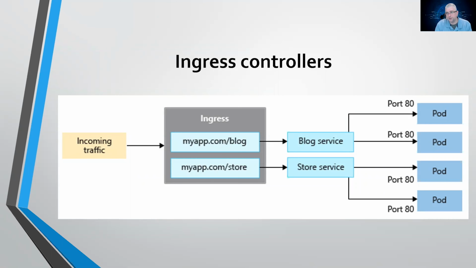Ingress controllers. So incoming traffic, ingress. You'll have ingress controllers that go in place, and that's where you have to map things. Your load balancers only work at layer 4. The service doesn't actually know what's going on. All it knows is this came in. Now, ingress controllers work at layer 7, and they can use more intelligent rules to distribute this application traffic.